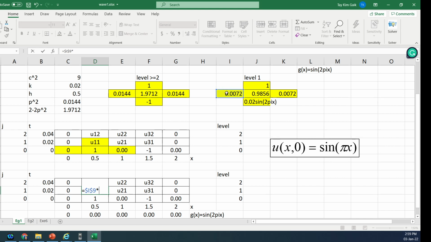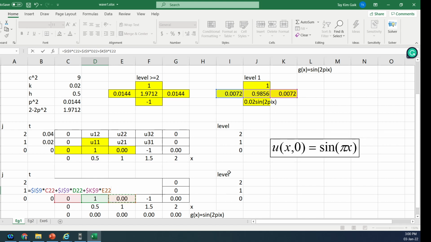This is the left bottom coefficient, so you need to multiply with the left bottom cell, plus the center bottom coefficient. If you click the location, make sure you constant it, otherwise key in 0.9856. So multiply the center bottom cell, plus the right bottom coefficient. If you click the location, please constant it by putting dollar front and back. Then multiply the right bottom cell.